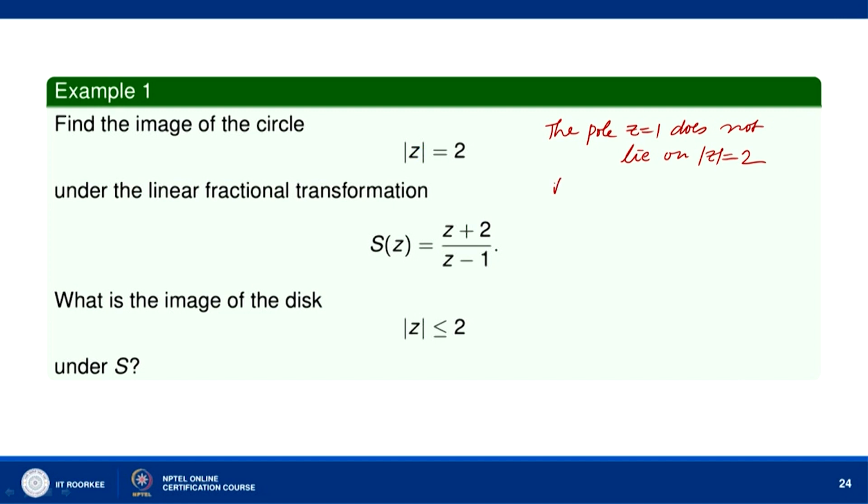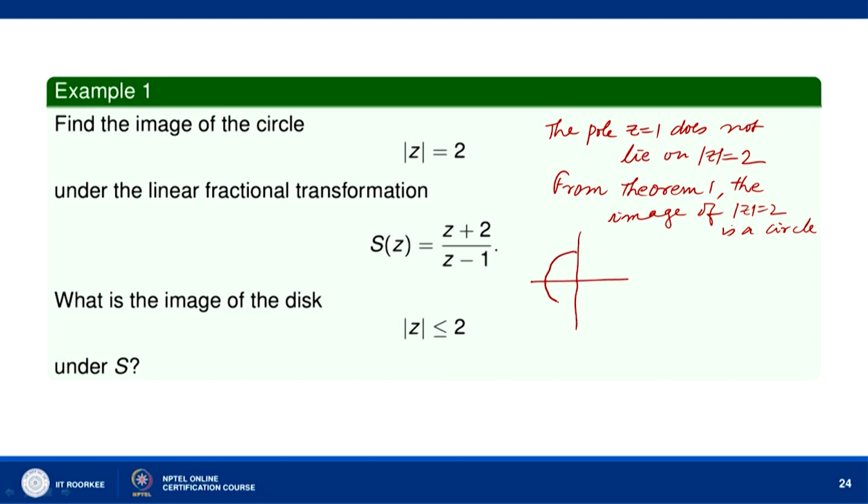So, from theorem 1, the image of |z| = 2 is a circle. Now, let us draw the circle |z| = 2.